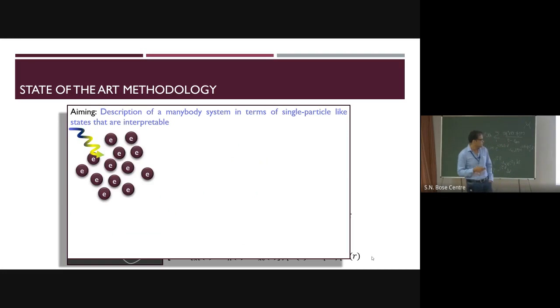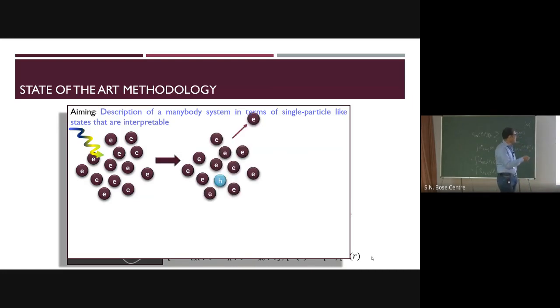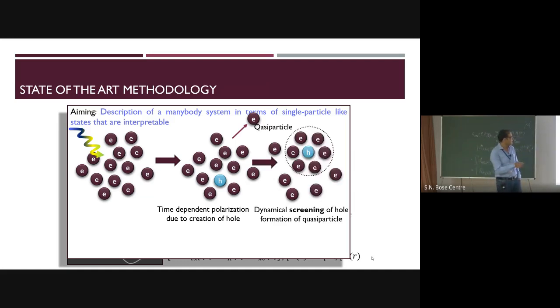Manish's picture was much better, with the horse and all these things, but the idea is similar. You shine light and create a hole there, and this hole creates a kind of time-dependent polarization, which then gets screened by the electrons, and you really need to take that into account.